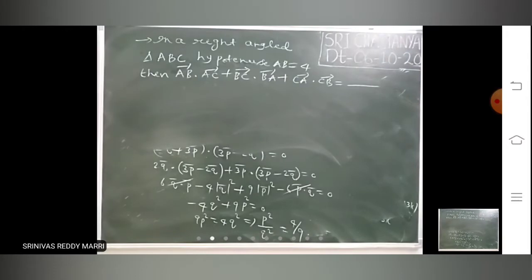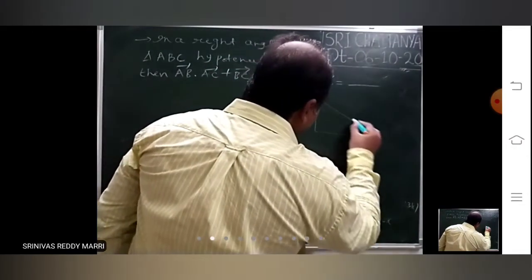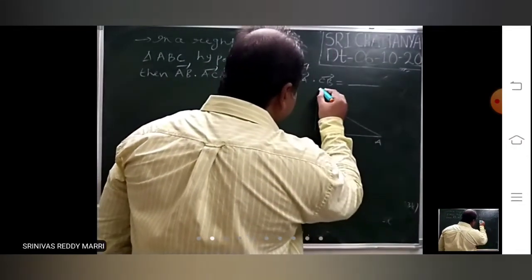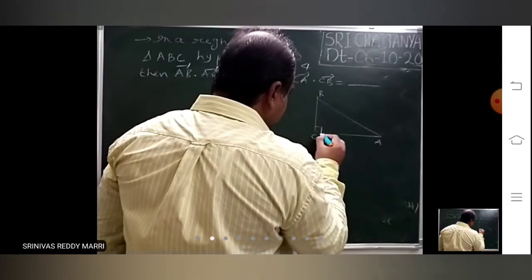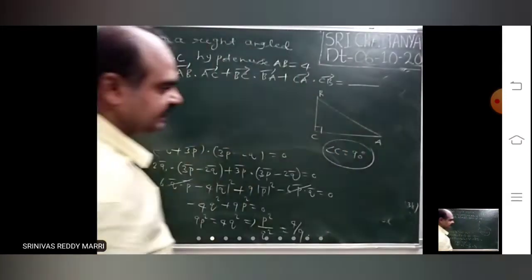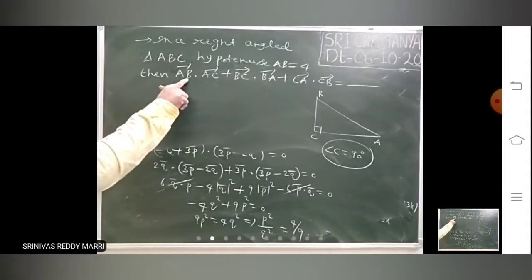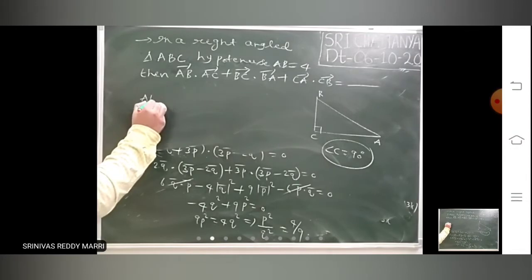Look at it. So hypotenuse just like this will be A, B, C. So you can say that angle A is 90 degree. Now look at here, AB bar is there like this.